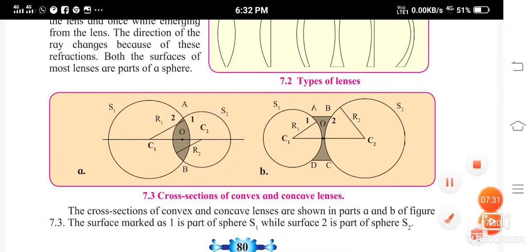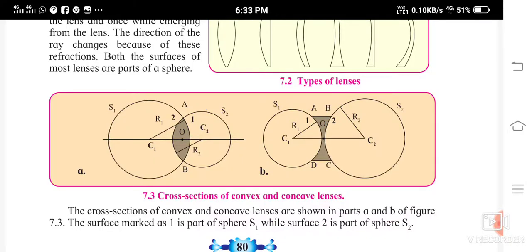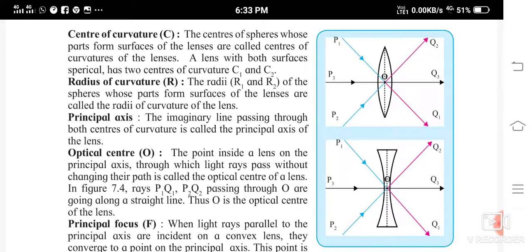Yes, you can see the dark part which is there over here and here, right? So, these 2 are the lens, right? One is the convex lens and the other one is the concave lens. So, what is the optical center? The point inside a lens on the principal axis through which light rays pass without changing their path. So, it is a point.